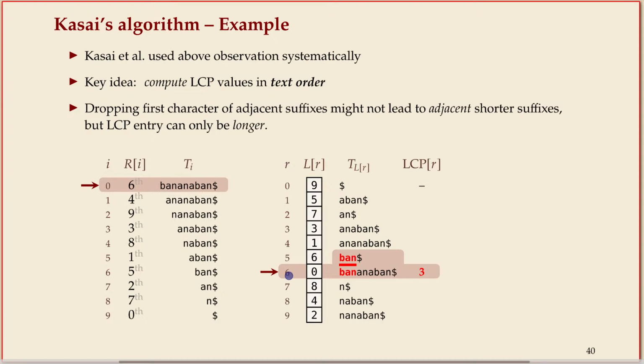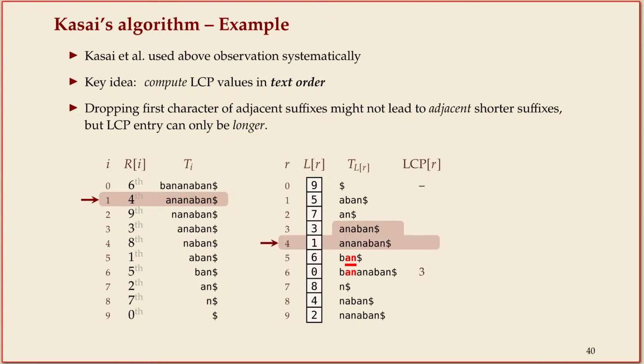Okay, now we're trying to make use of that information. If we go to the next suffix in the text order, the one that just loses the B, I try to find again where it occurs in the sorted list. I use my rank array, go to 4, and find the one that's before that in sorted order. And here comes the trick.